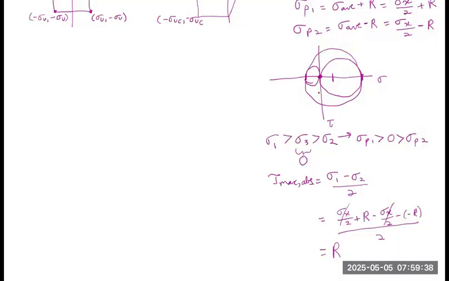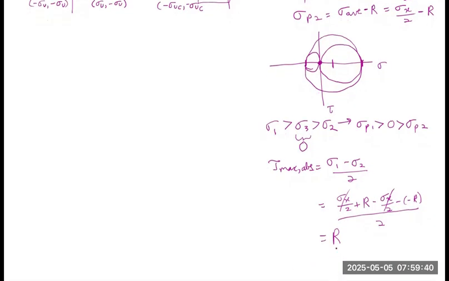So back over here, since Tmax absolute is equal to the yield strength over 2, we'll have R equals the yield strength over 2. So the yield strength will thus be equal to 2R.